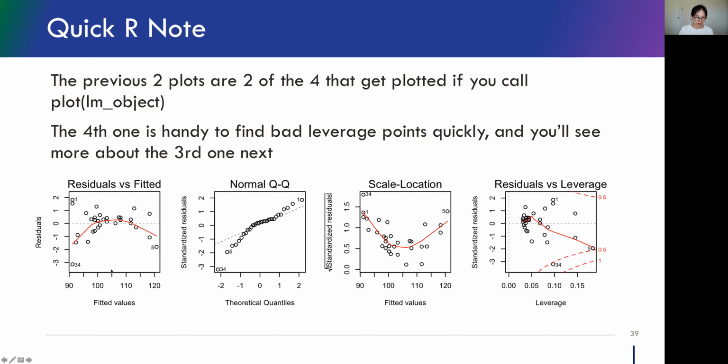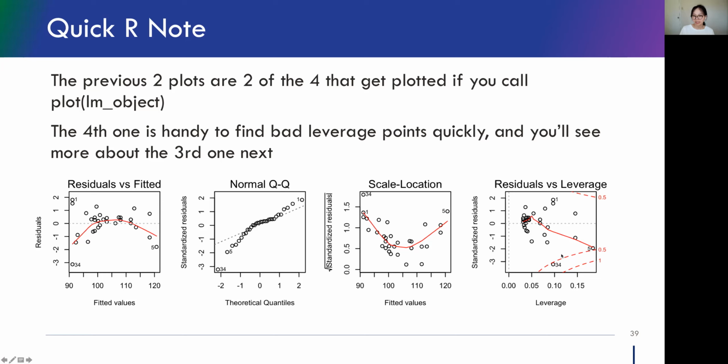I didn't copy the first one because we do not use it that much. It's used to look at whether the residuals are randomly distributed and have constant variance, which can also be told from the third plot, which we'll talk about later. For now, just focus on the QQ plot to look at whether the error is normally distributed.